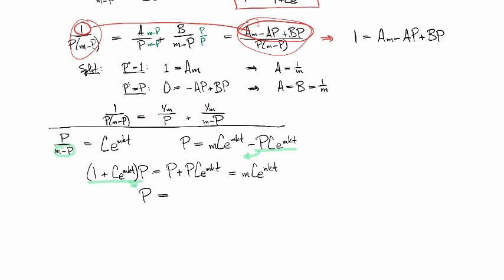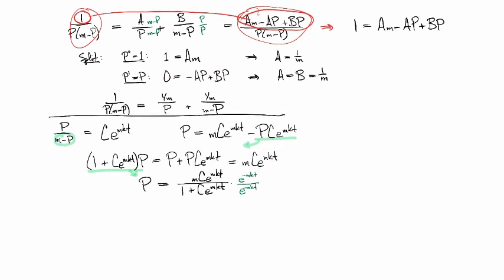So p becomes mc e to the mkt over 1 plus c e to the mkt. And then I can multiply top and bottom by e to the minus mkt to tidy it up a little bit.